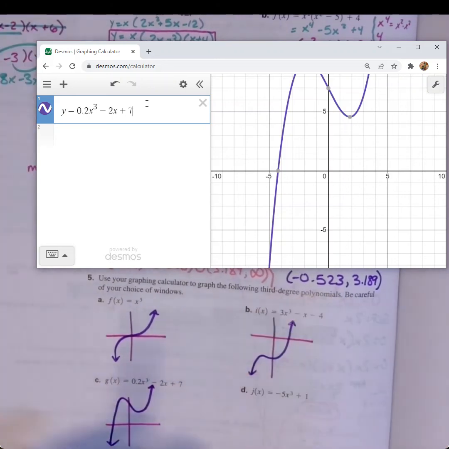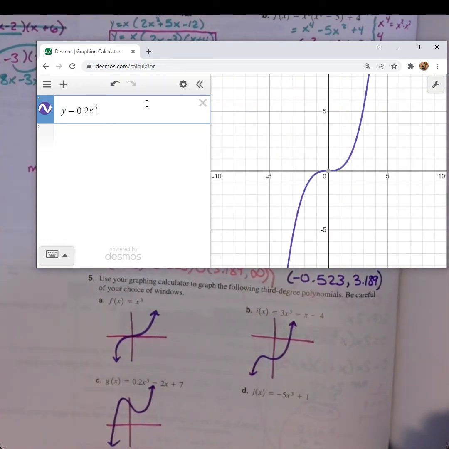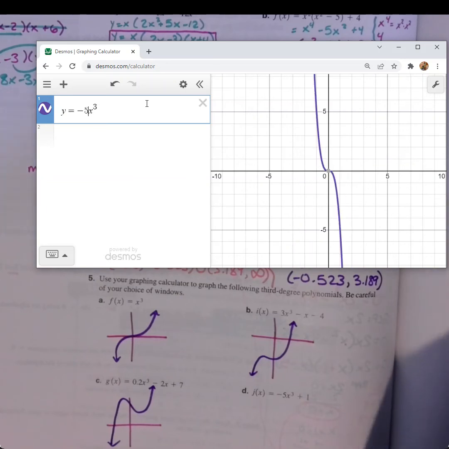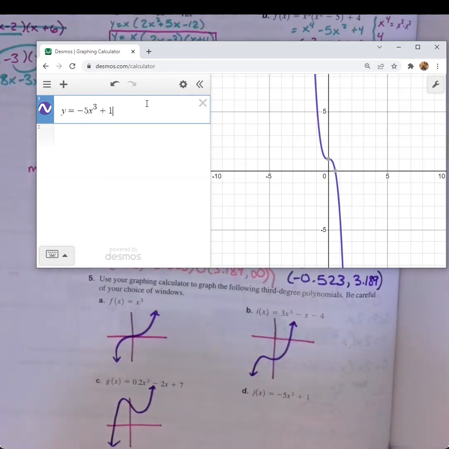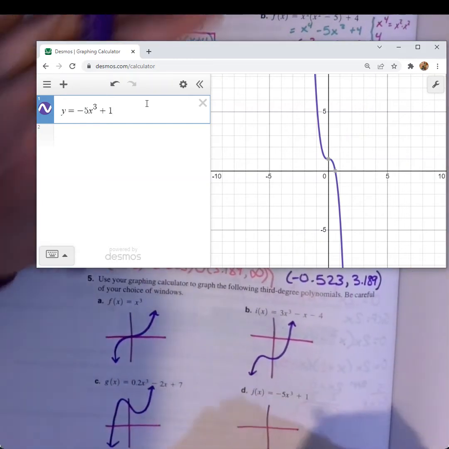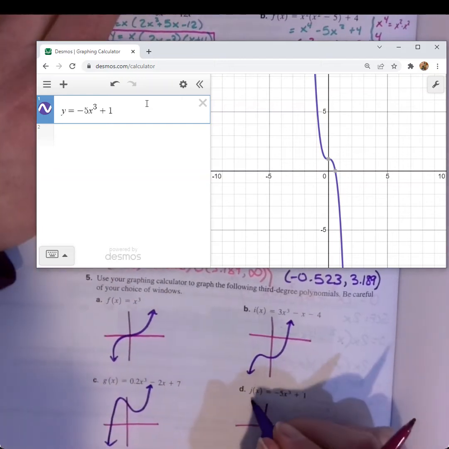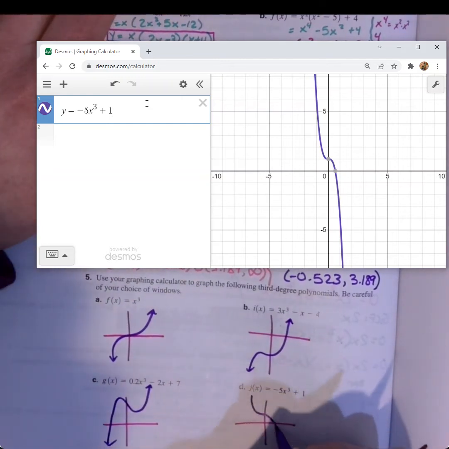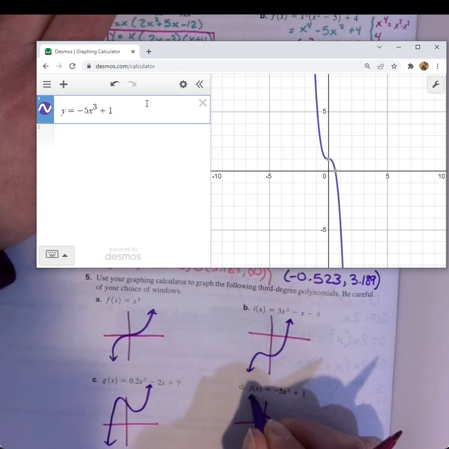Okay, 2 more to graph. We want now negative 5x cubed plus 1. Okay. There's our shape for that one.